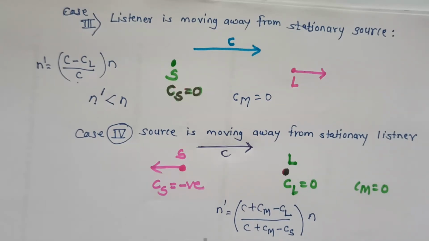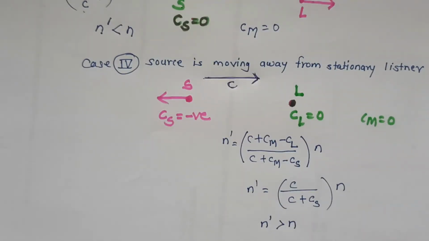The apparent frequency n dash is equal to (c plus cm minus cl) divided by (c plus cm minus cs) into n. Put these values: cl is equal to 0, cm is equal to 0 and cs is negative. Therefore, n dash is equal to c divided by (c plus cs) into n.